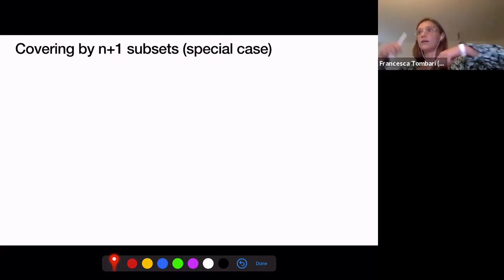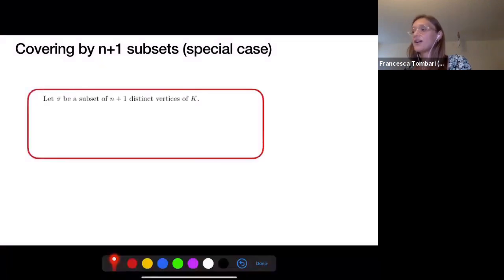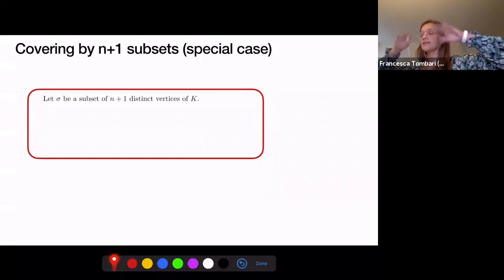There are more things that come into account. So the situation gets easily more complicated. But there is a case in which it's not hard to describe what happens, and it is a very special covering by n+1 sets.